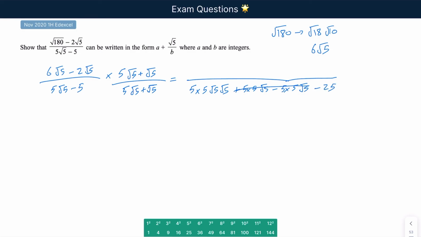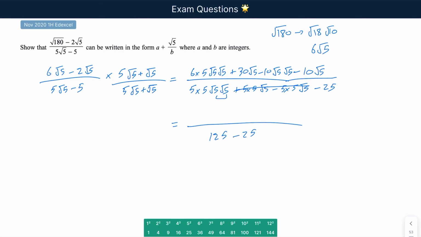And then at the top we have 6 times 5 root 5 root 5 plus 30 root 5 minus 10 root 5 root 5 minus 10 root 5. And I can tidy things up a little bit. So at the bottom we have 125, because that just becomes a 5 minus 25.